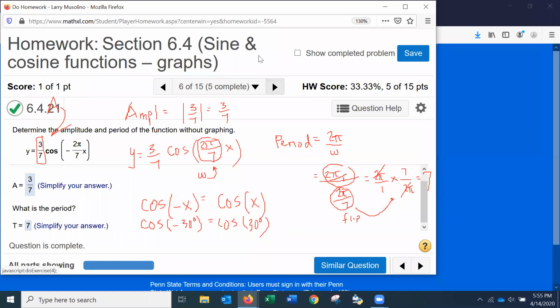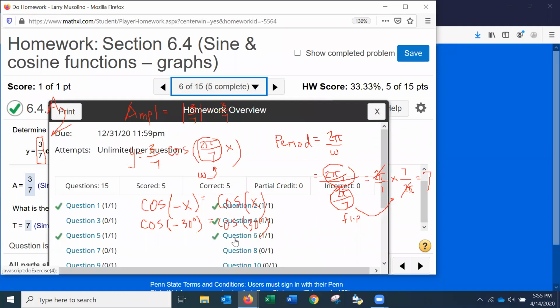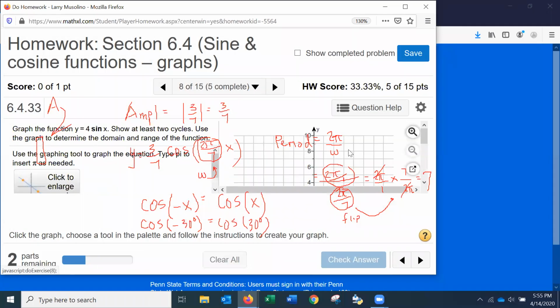All right, let's do one more. Here, let me show you how to graph these functions using the graphing tool. So let me clear the screen here.